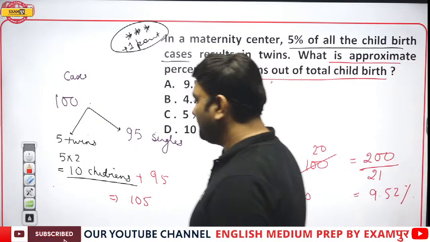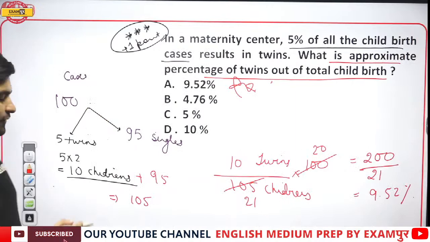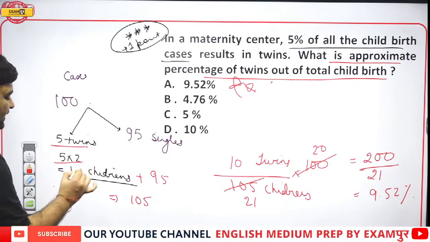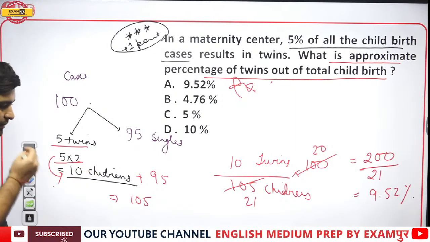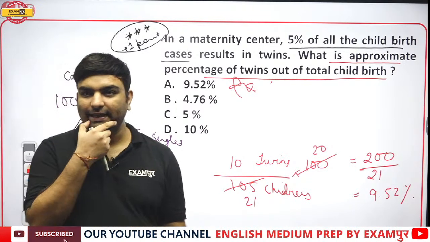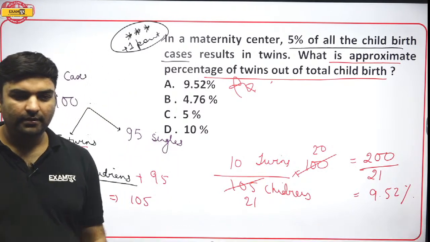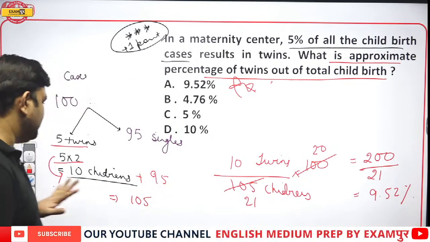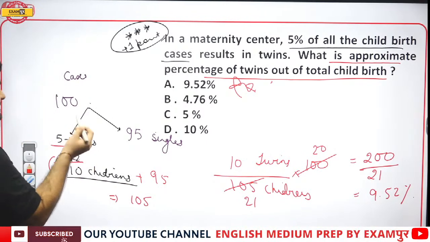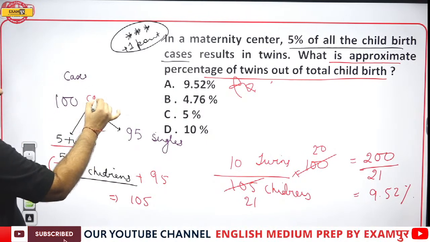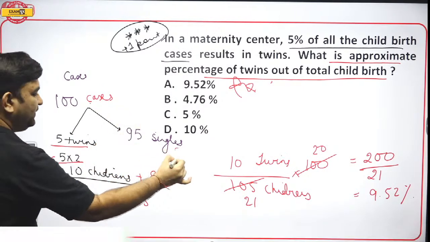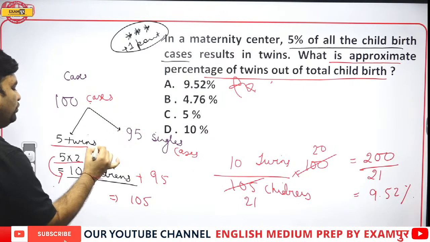No, they are five twins. Five twins means 10 children. They are actually 10. These are 5 twin cases and these are 100 cases, so 95 single cases and 5 twin cases.